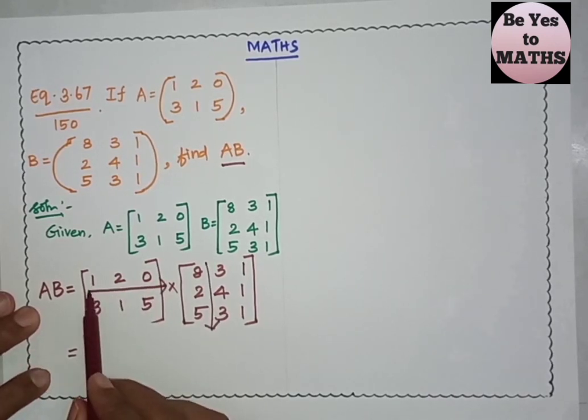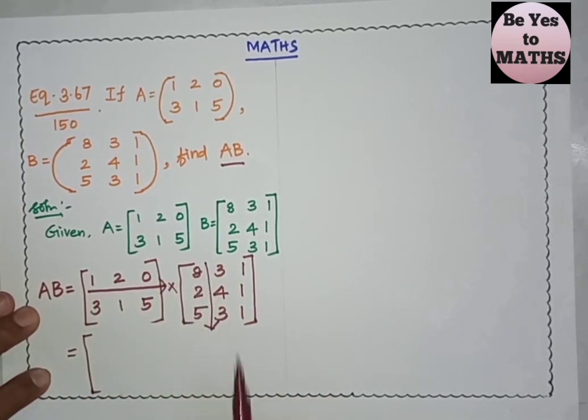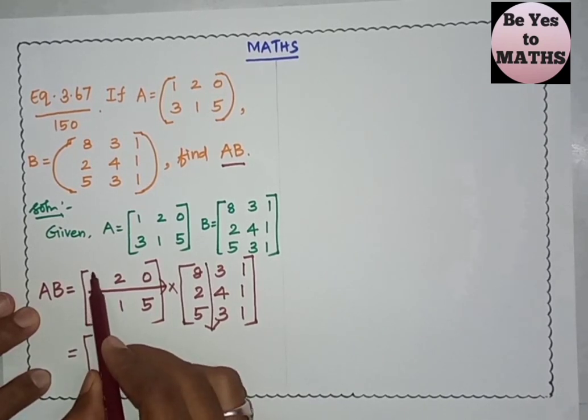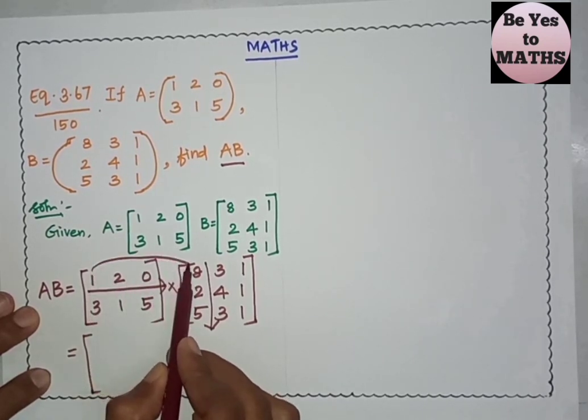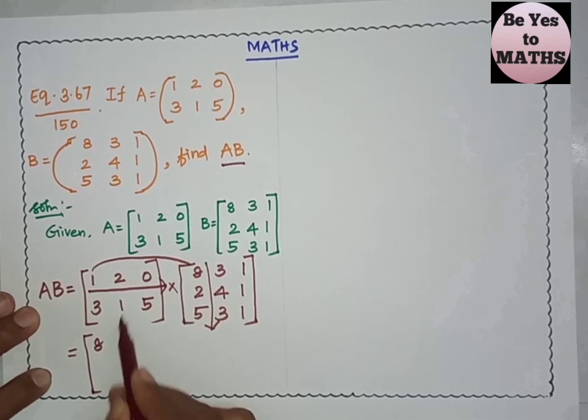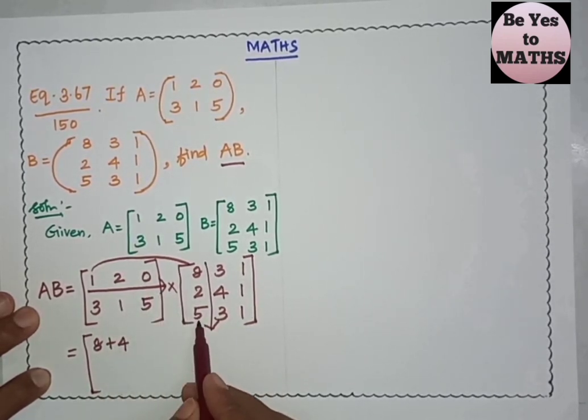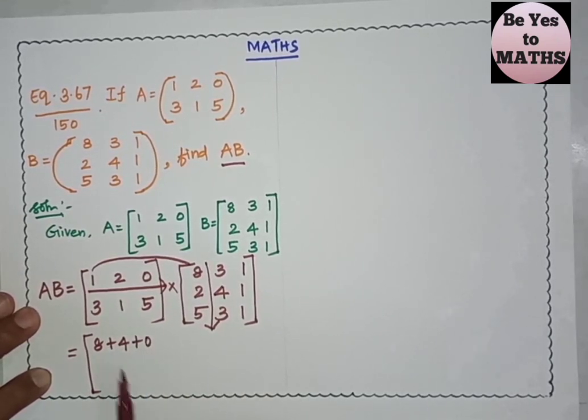You have to take the first row with the first column. 1 8s are 8, 2 2s are 4, 0 into 5, 0. This is the first element.